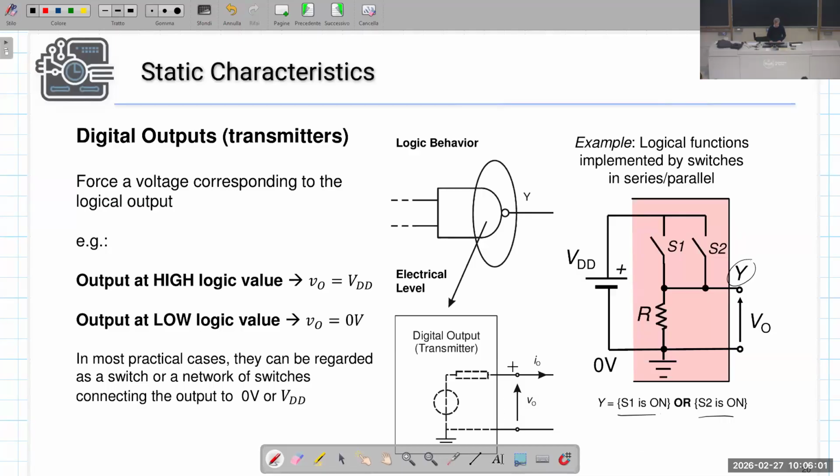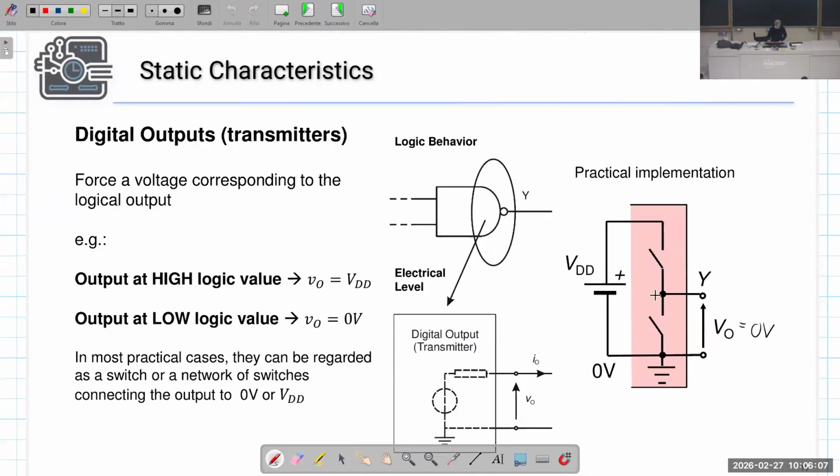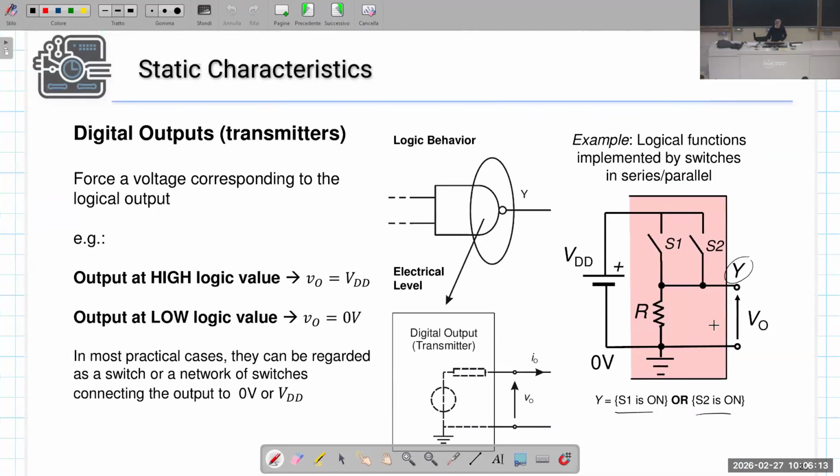From the electrical point of view, all these cases which I have mentioned, so starting from the first one, the two switches, or this one, or this one, they all fall in this category. The digital output is a voltage source that forces the output to a high value, that in this example is VDD.